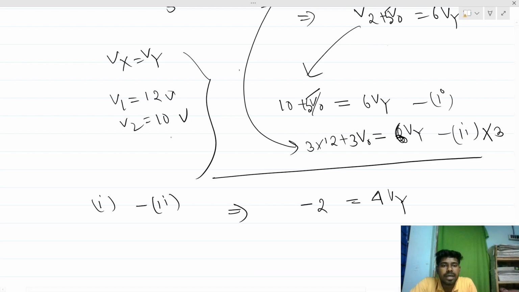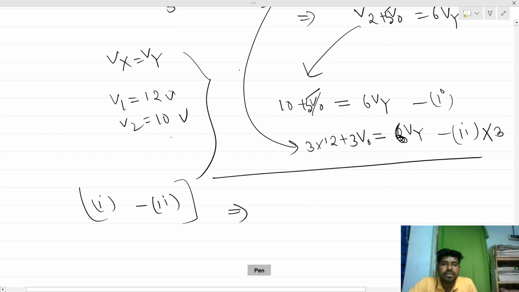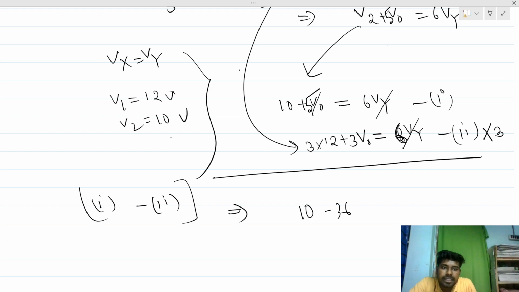Now if I do equation 1 minus equation 2, this cancels, so this will be 10 minus 36 plus 5 V out minus 3 V out, which will be equal to 0, right?